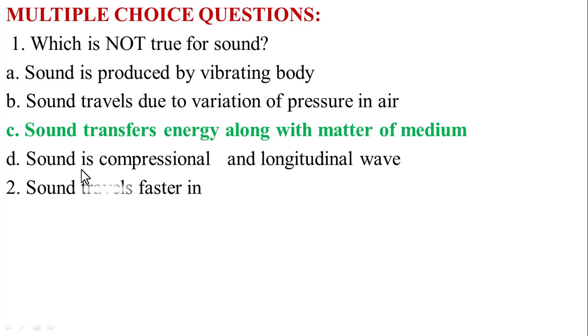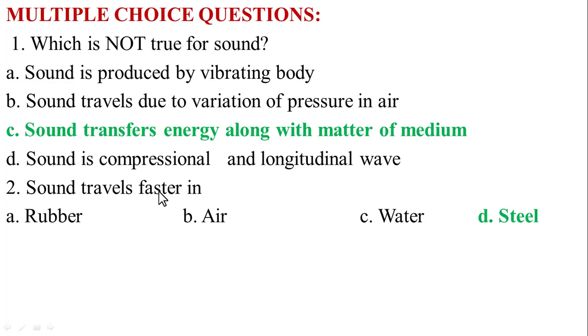Now in the second part: sound travels faster in which one? A, rubber; B, air; C, water; and D, steel. So we can recall the definition of sound. Sound travels in solid, liquid and gases.